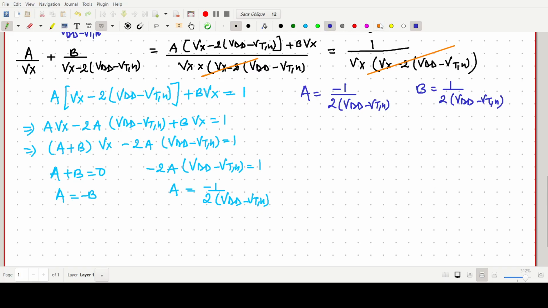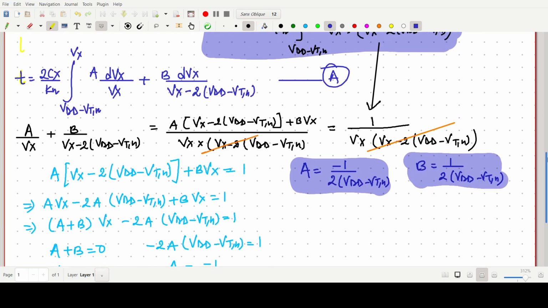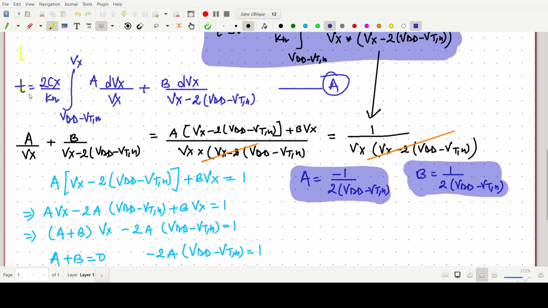Now we have calculated the values of A and B, so we can solve the integral very easily. This was from equation 1.